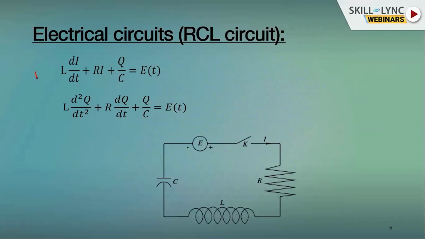So if we write our equation in series form, it will be L di/dt, where L is the inductance and I is the current, plus R into I, where R is the resistance, plus Q by C, where Q is the charge flowing across the capacitor, equals E, the voltage.